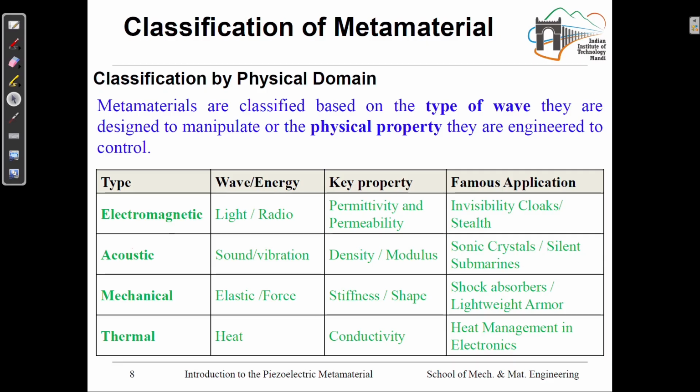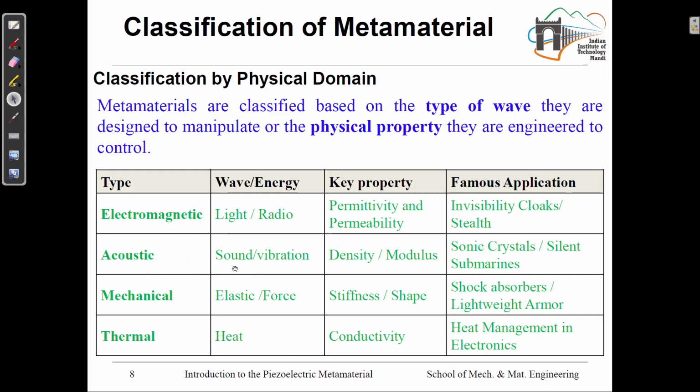In the electromagnetic domain, we have light waves or radio waves, and the properties we are interested in designing or modifying to suit our requirements are permittivity and permeability. In applications, we can have invisibility cloaks, which are very much in demand nowadays.